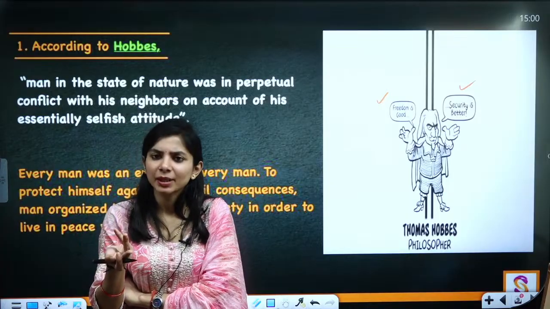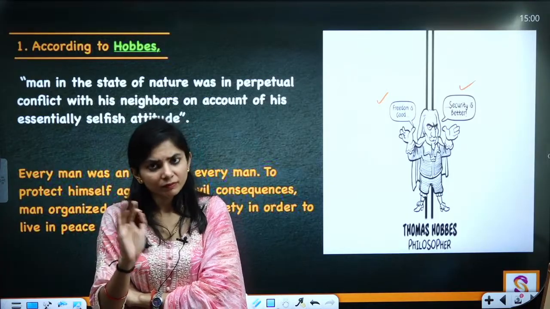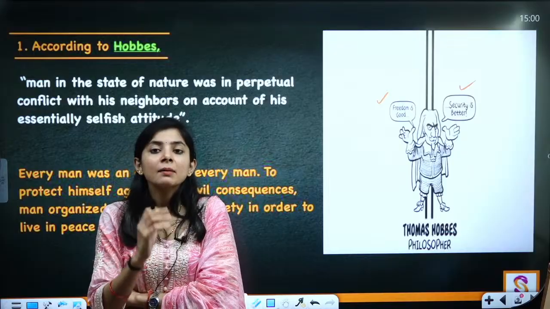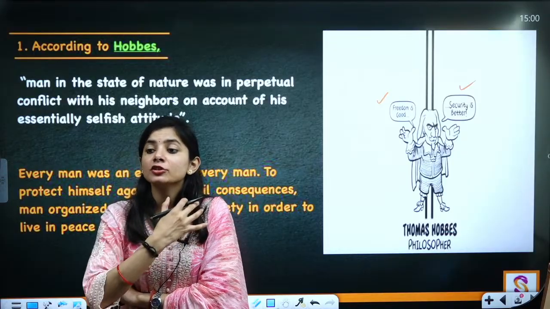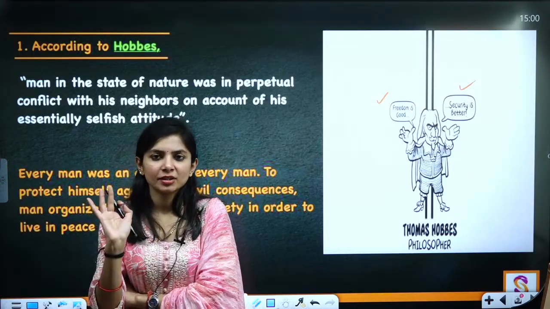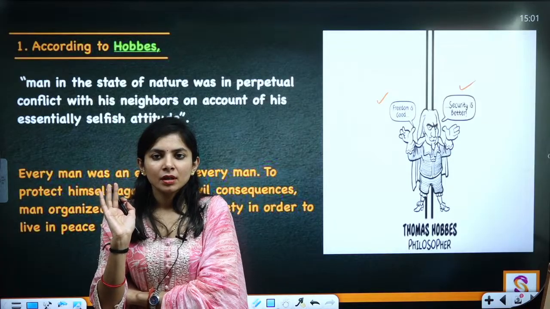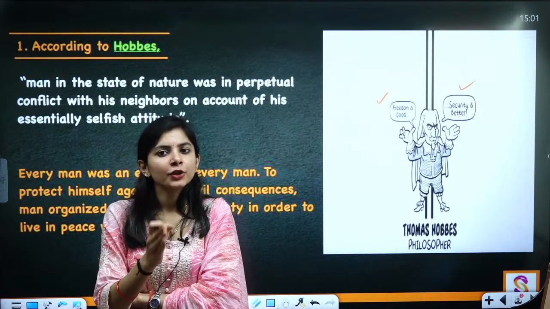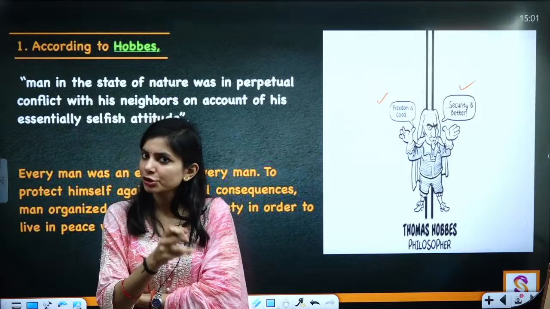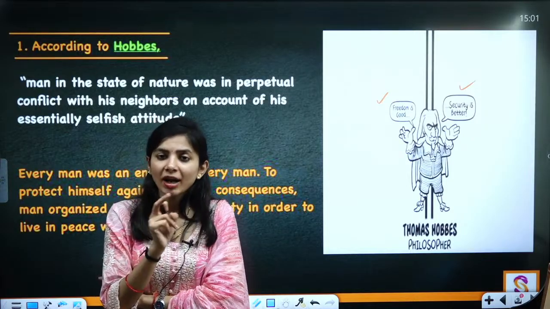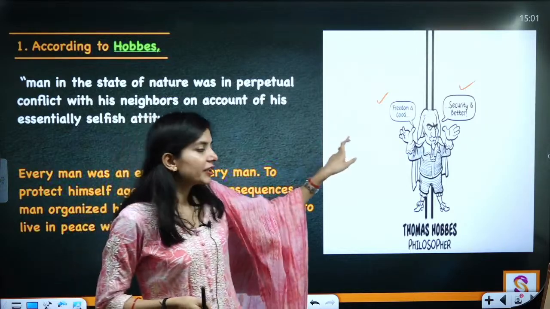Why? Because they have money, because they have power. I know such cases are there, but still imagine the state where there is no rule, no regulation. Is it going to be difficult for you to survive? Yes, for sure.